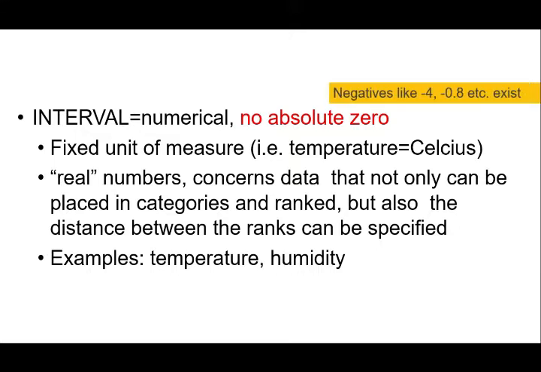The existence of negatives like -4, -0.8, and so on. For example, the temperature in Celsius. As you can see, there is a temperature of less than 0 degrees centigrade. Okay? So other examples will be humidity.